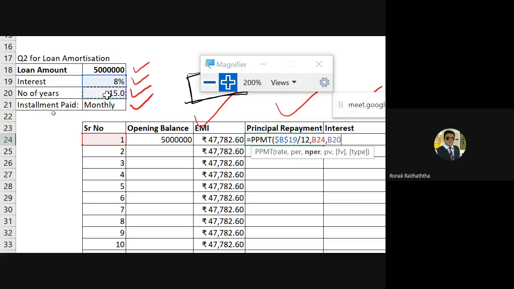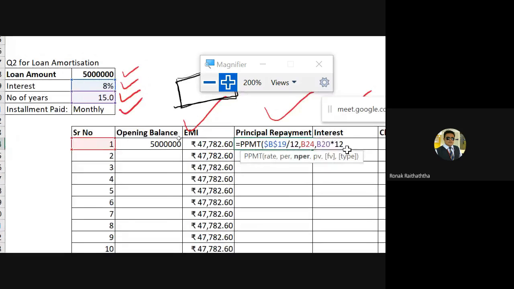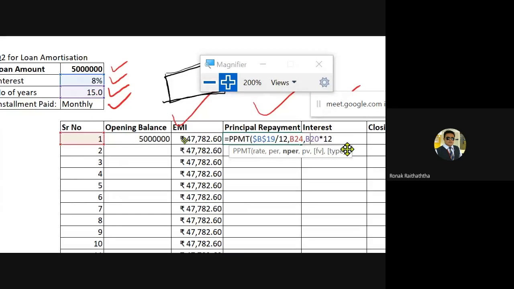So 15 multiplied by 12. तो हमने सेल को सिलेक्ट कर दिया है B20 वाले को, अदरवाइज यू कुड हैव डायरेक्टली गिवन द 15 मल्टीप्लाइड बाय 12 देयर टू. और B20 को चेंज नहीं करना चाहिए, क्योंकि अगर ये गिरगिट की तरह रंग बदलेगा तो हमारे रंग बदल जाएंगे. इसको हमें फिक्स कर देना है.